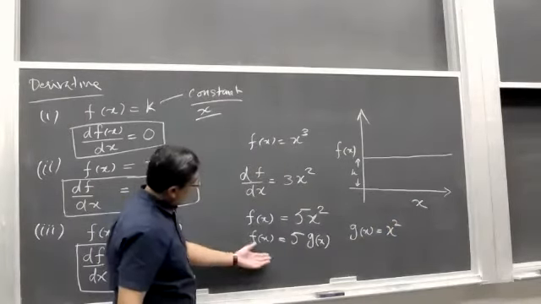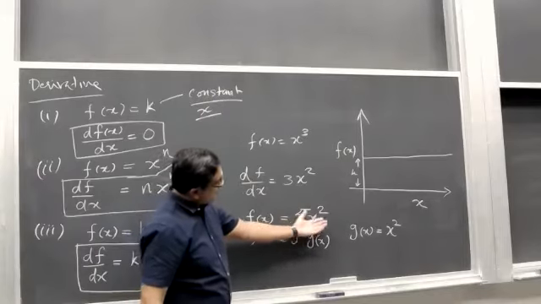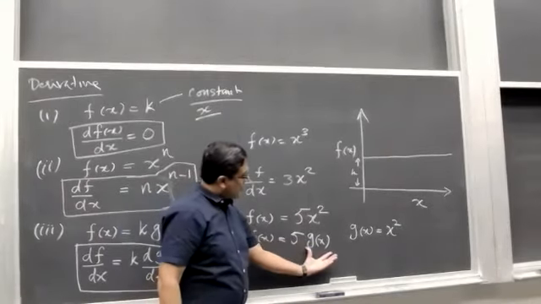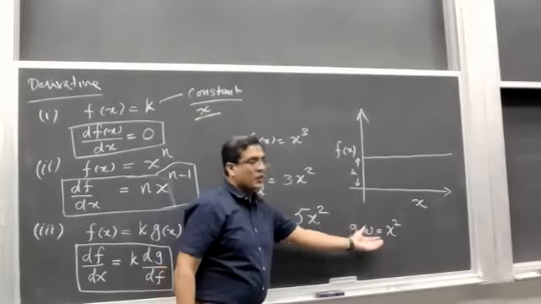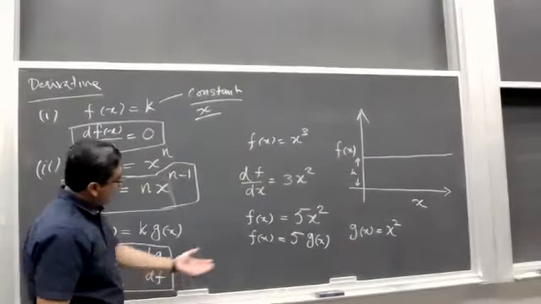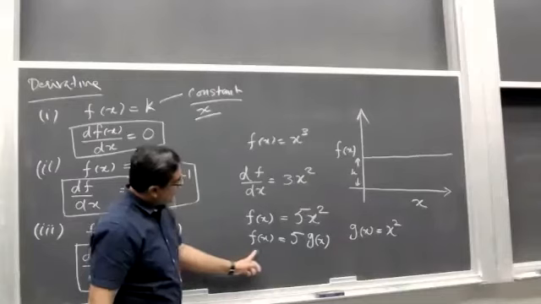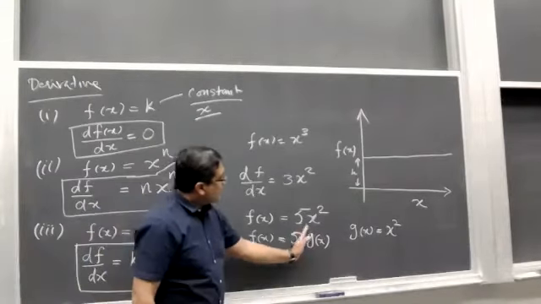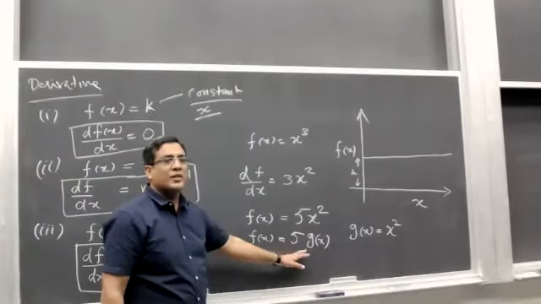So take the constant out and substitute with g of x. Whenever you have a situation like this, when you apply the derivative, you can always take the constant out and apply the derivative to the rest of the function.